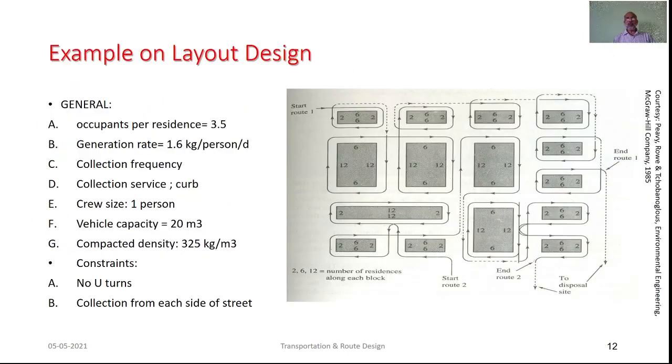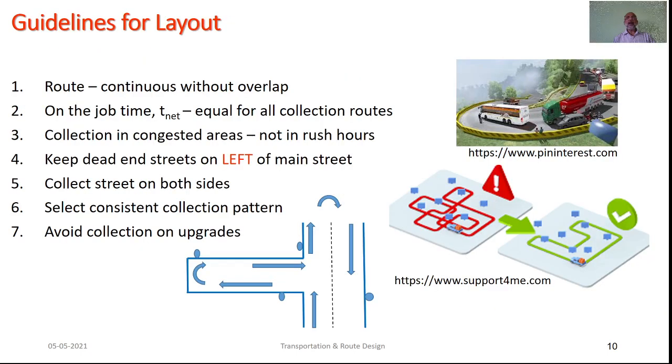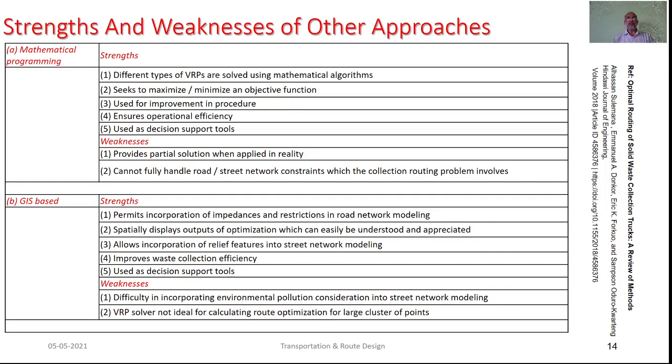While doing so, all the factors that we discussed while having such kind of layouts and all the guidelines that we discussed, one must take into account. As we discussed about some modern approaches, that is, one can go for GIS, GPS based techniques, as well as one can go for certain mathematical modeling.